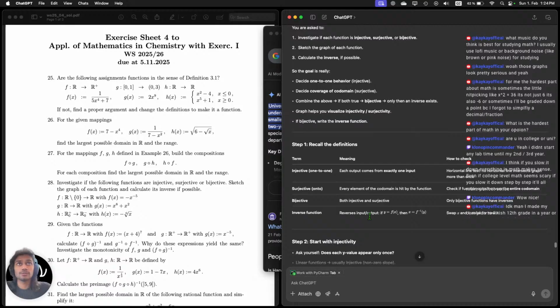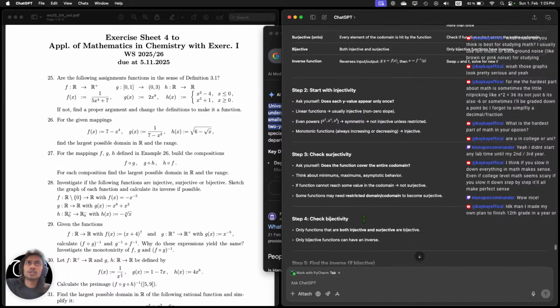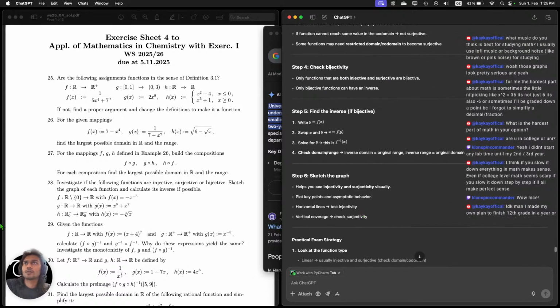Inverse function, reverse input. Yes, if inverse, I do remember those. Start with injectivity. Ask yourself, does each y value appear only once? Linear function, usually injective. Every even power is symmetric. Check surjectivity.